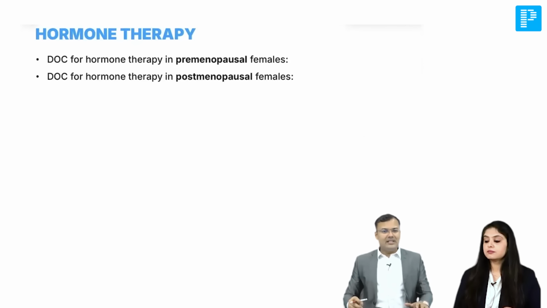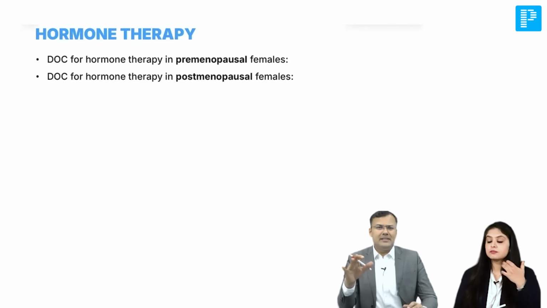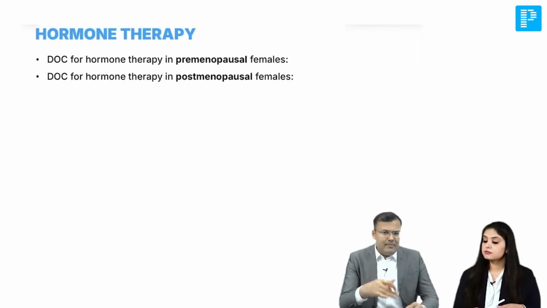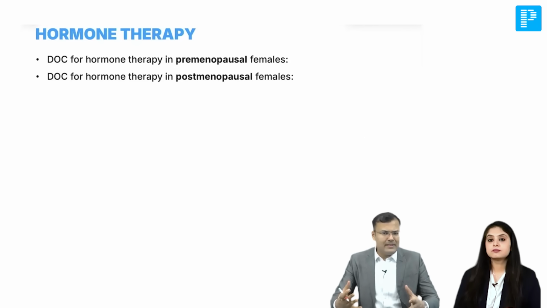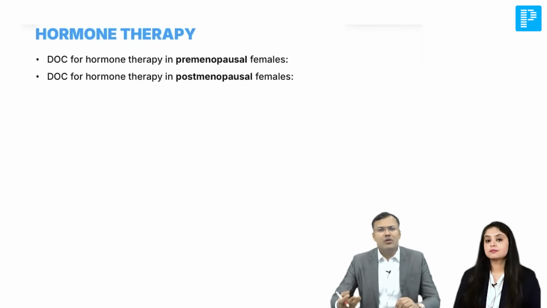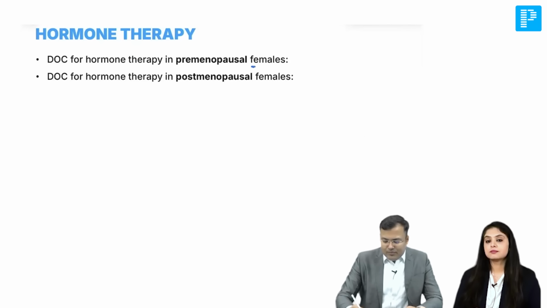And suppose patient is having hormone receptor positive disease, we have to give hormone therapy. Basic concept is there. Before menopause, premenopausal females, ovary is the main source of estrogen production. After menopause, what happens? There is aromatization. So from adipose tissues, there is production of what? Estrogen. So guys, for premenopausal females, we are giving tamoxifen.